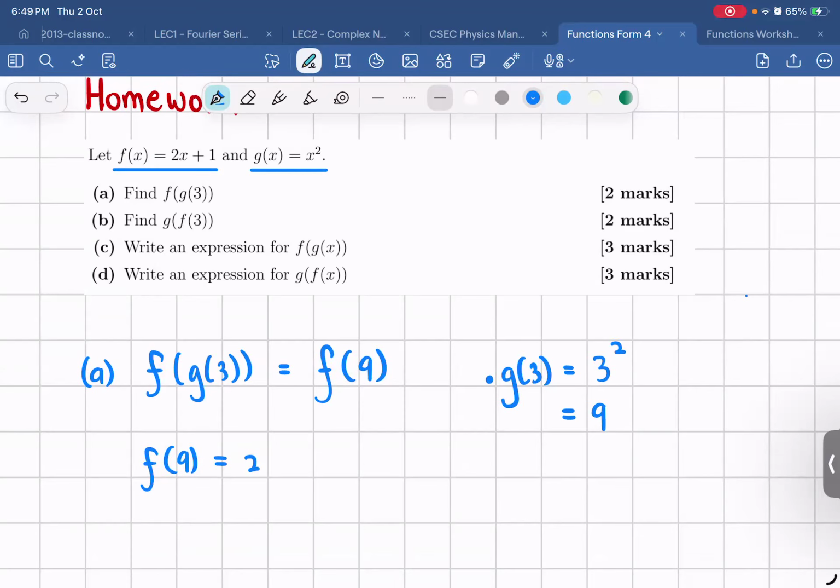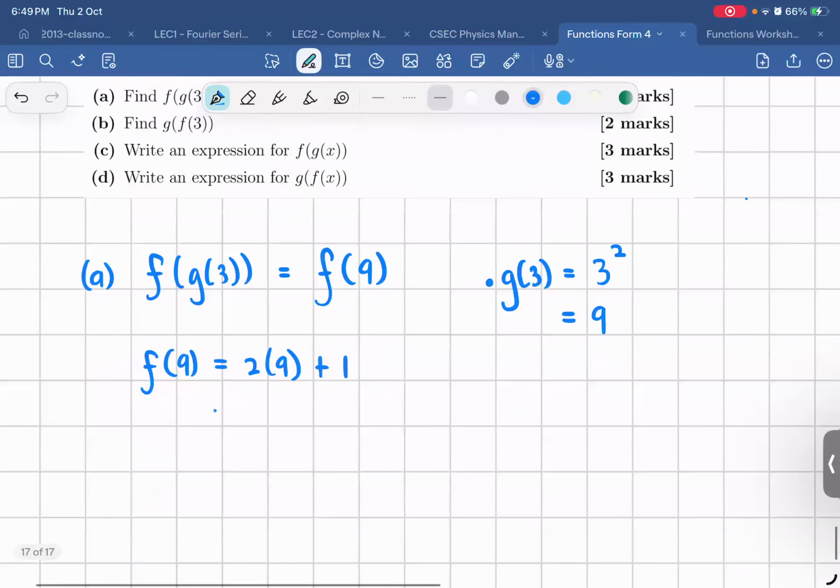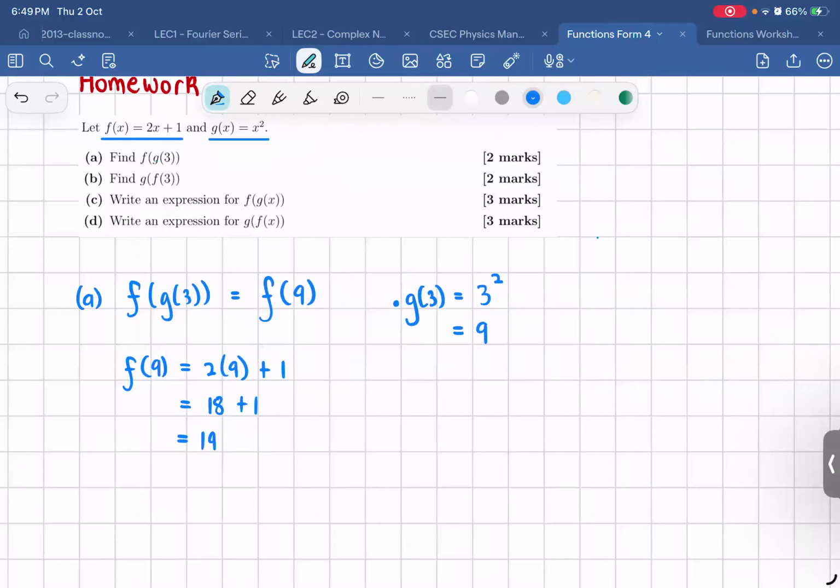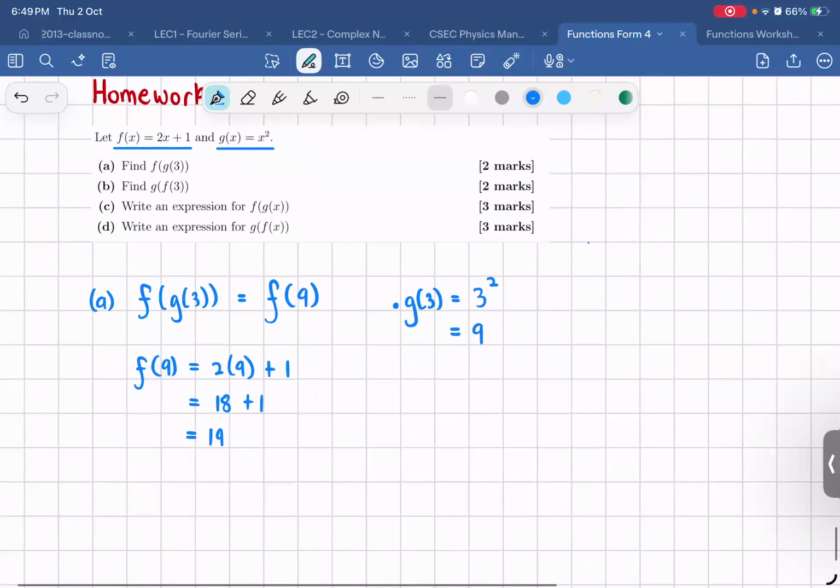Now, what are we replacing x for? 9. So I'm going to write 2 times 9 plus 1. What's 2 times 9? 18. 18 plus 1? 19. That's your final answer. That's it. Cake, right? How are you feeling about that?